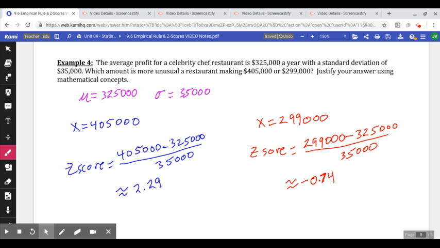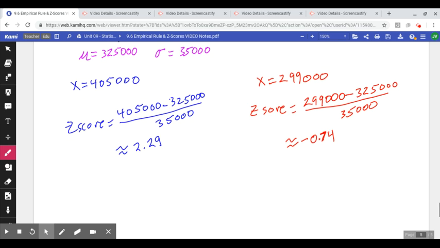Also, 405,000 in blue was above the mean, so we're expecting the z-score to be bigger than 0. Remember that a z-score is just how many standard deviations the data value is away from the mean. So let's take a look at what we just did and answer the question here. It says, which amount is more unusual?